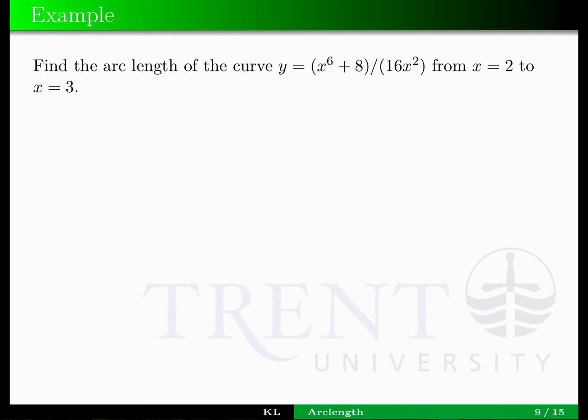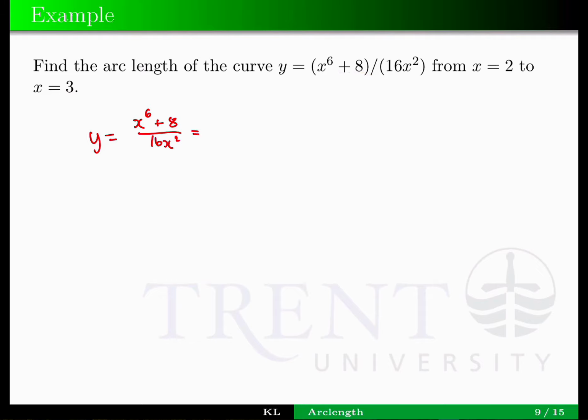Now let's consider the next example. Find the arc length of the curve y equals (x to the 6 plus 8) all over 16x squared, from x equals 2 to x equals 3. So let's rewrite y as (x to the 6 plus 8) all over 16x squared.